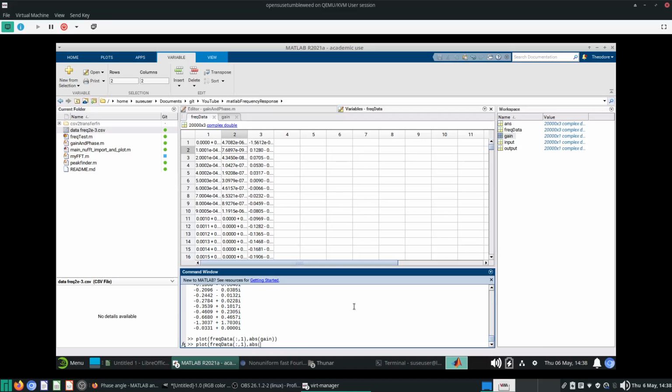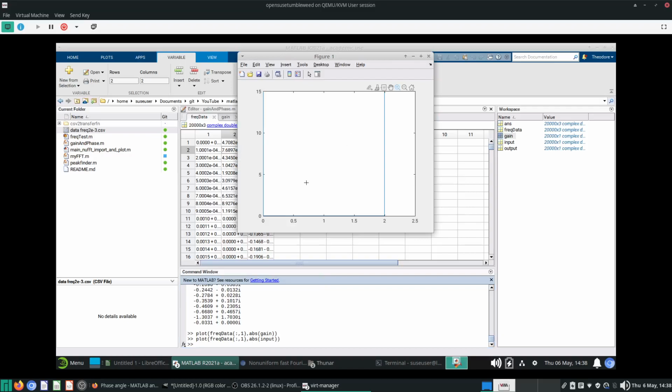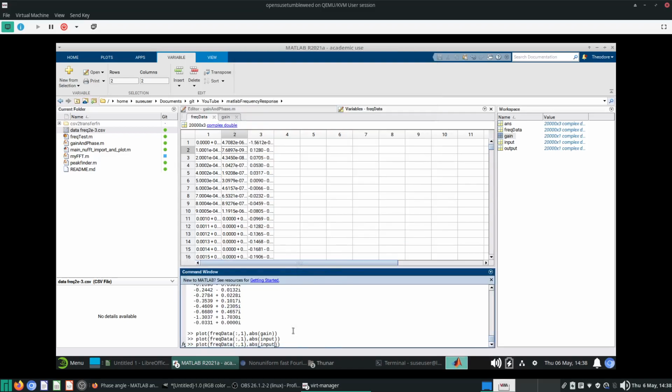Absolute of input. You see that all your input will be at this particular frequency, 2 times 10 to the minus 3. And I can zoom out and you can see the two peaks very nicely there. Not an issue. This is how it should be. You have this peak over here. Let's check the output.